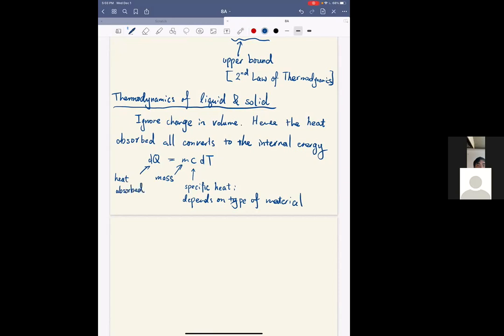And this one is the change in temperature. Yeah, and this is a very important formula.